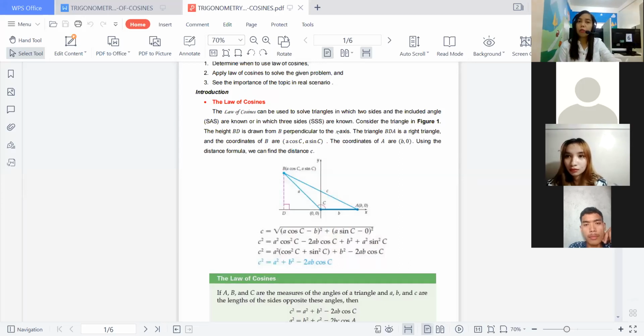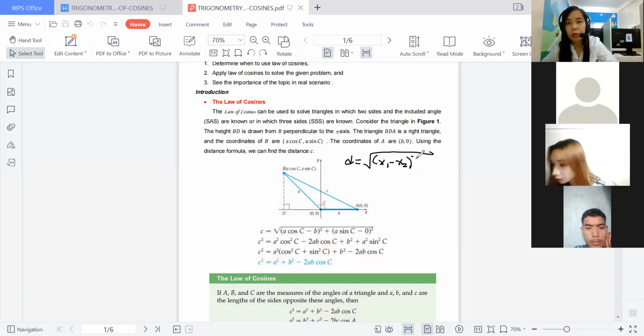Again, to find the side c, we're going to use the distance formula, which is distance is equal to the square root of the squared of x sub 1 minus x sub 2 plus the squared of y sub 1 minus y sub 2.